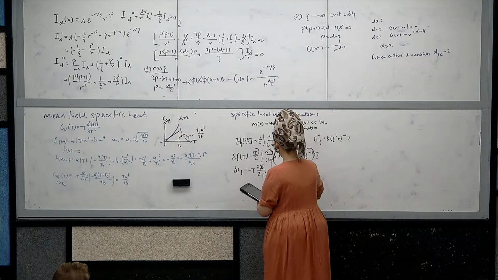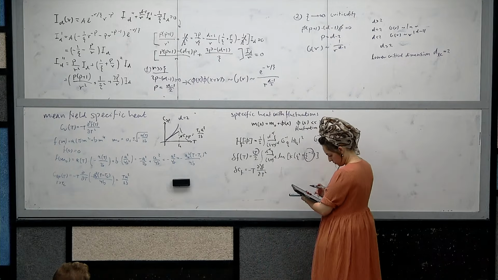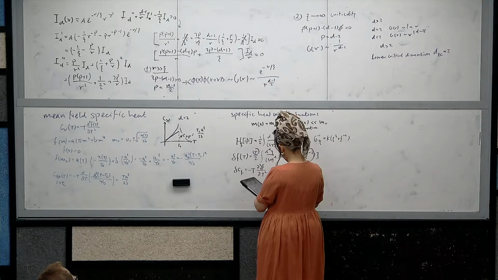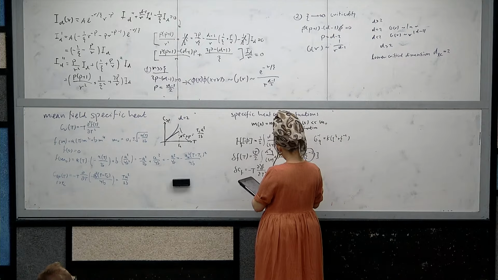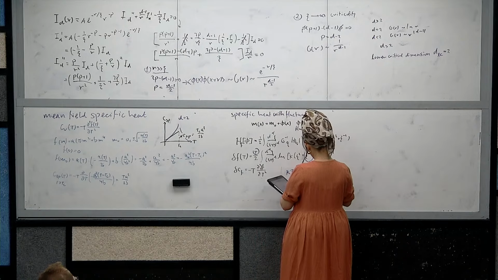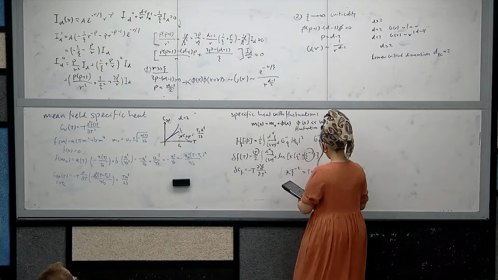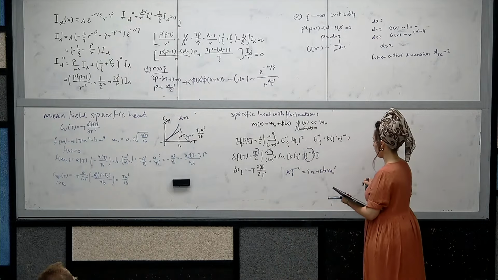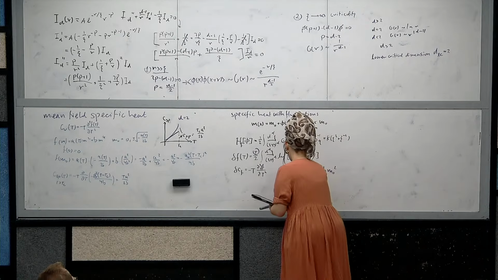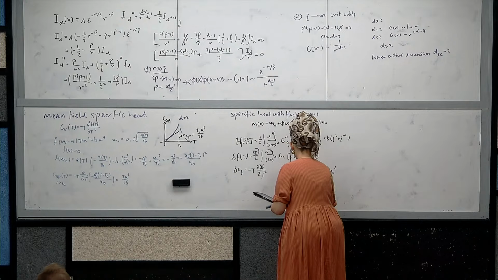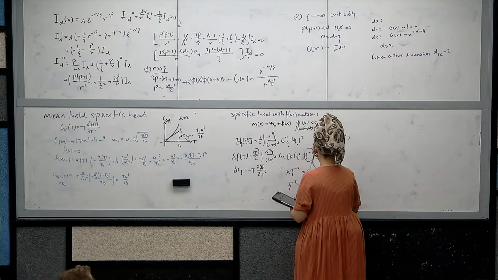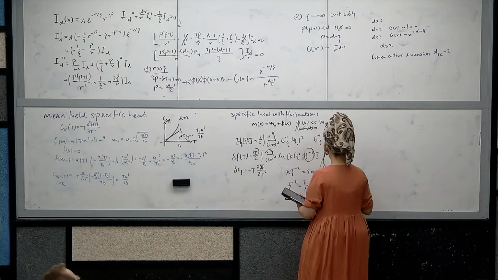I will remind you, we have defined, right? So A is A0 T minus TC plus B.